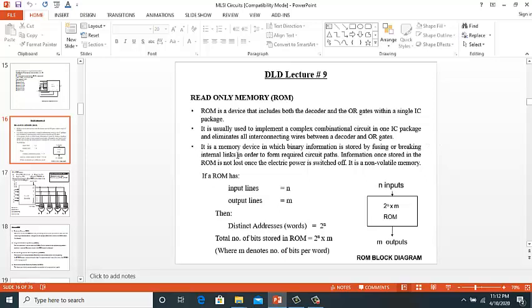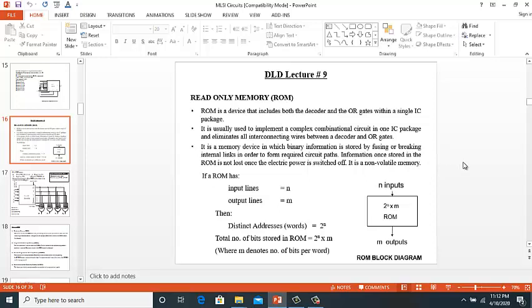It is a memory device in which binary information is stored by fusing or breaking internal links in order to form required circuit paths. Information once stored in the ROM is not lost once the electric power is switched off. So it is a non-volatile memory.